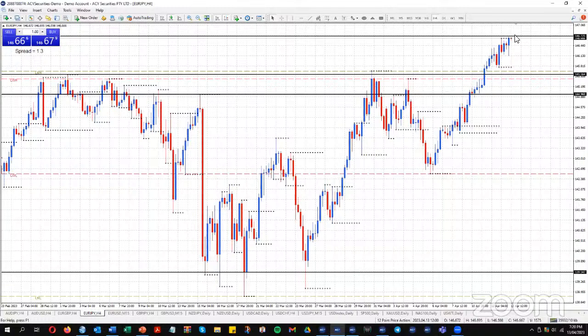It could move through, so you could watch 146.72 to become support. I don't know if I want to do that. It's very high up here. But if you want to buy now, you need it to move through and then pull back to become support to continue up. I will just be watching to see how price reacts up there.